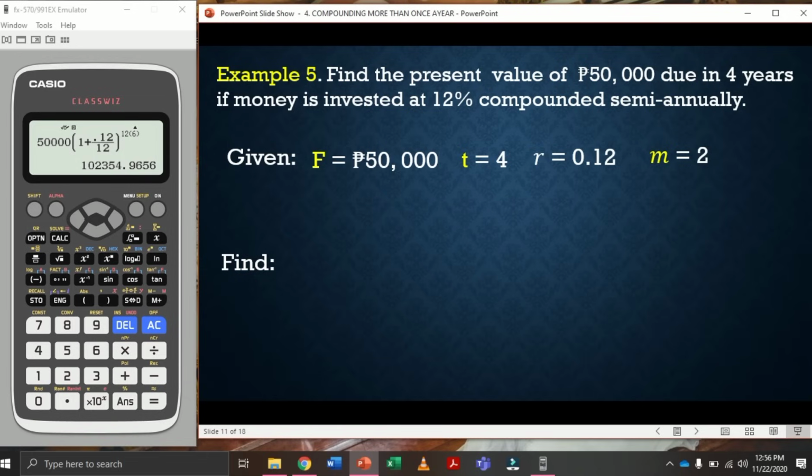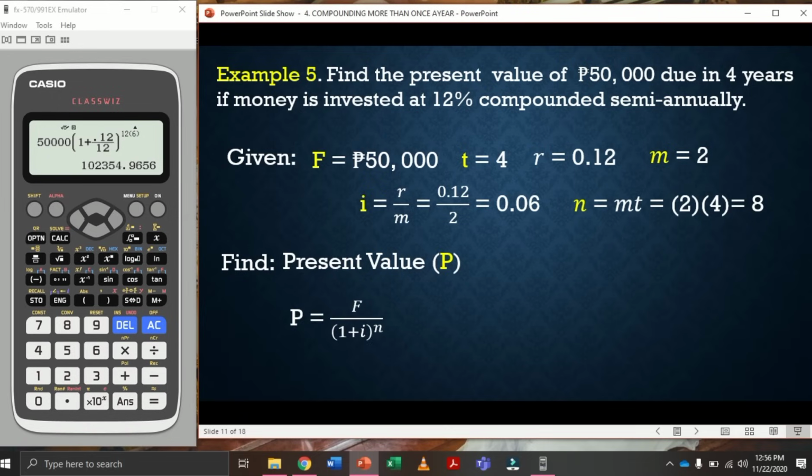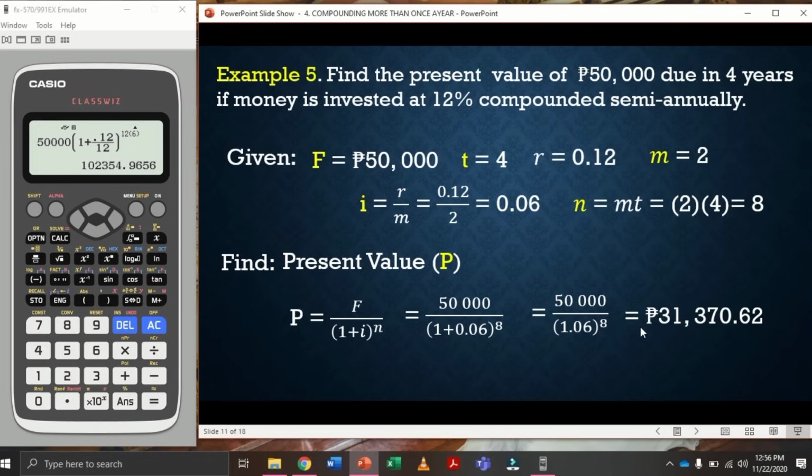So, paano natin kunin yung present value? Compute natin yung I muna. R over M. So, 0.12 divided 2, that is 0.06. N is M times T, that is 2 times 4 is equal to 8. So, using the formula, F over 1 plus I raised to N, substitute all the given values, 50,000 divide 1 plus 0.06 raised to 8, or 1.06 raised to 8, the answer is 31,370.62.